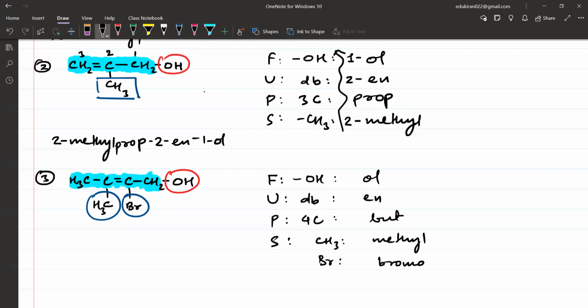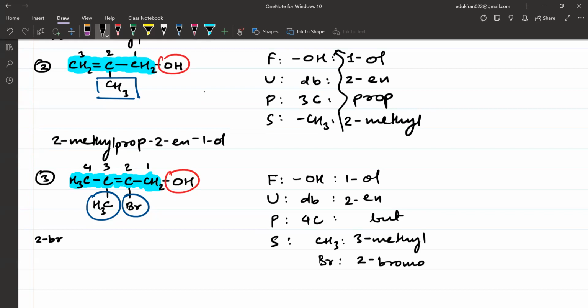Now we are going to number it. Numbering has the same rule as that of the functional group, so numbering will start from the carbon nearest to the functional group: 1 2 3 and 4. So OH will get number 1, en will get number 2, bromo is going to get number 2, methyl is going to get number 3. So the name will become 2 bromo.